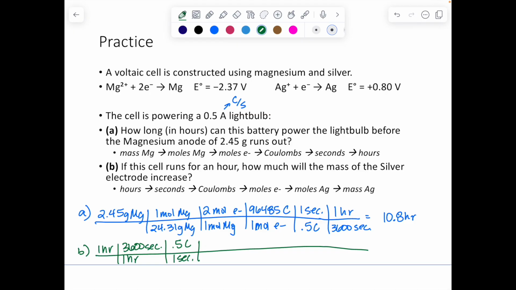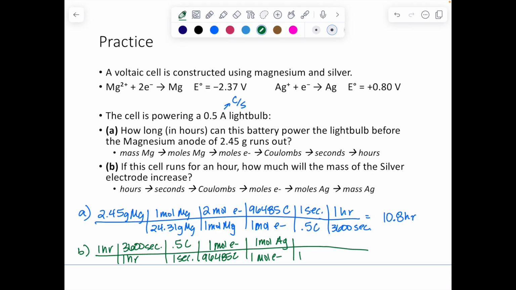We also know the charge for a mole. We know the coulombs for a mole of electrons is Faraday's constant, 96,485 coulombs per 1 mole of electrons. For silver, we know that for every mole of silver, we are transferring 1 mole of electrons. Making sure that our units are canceling.